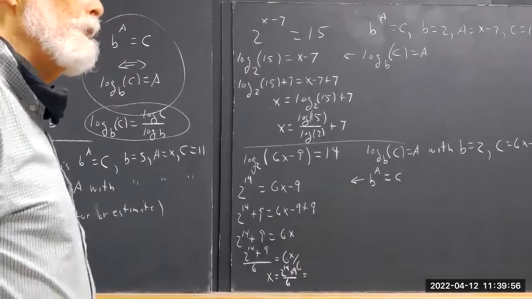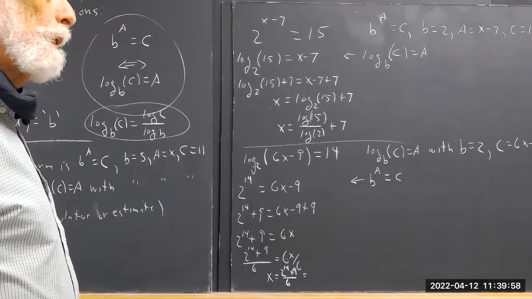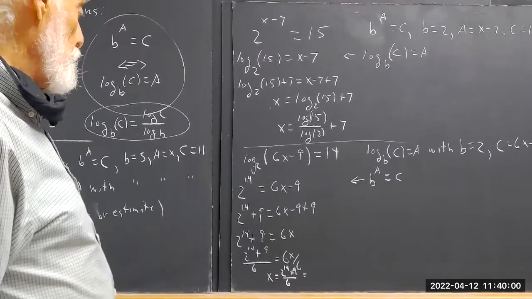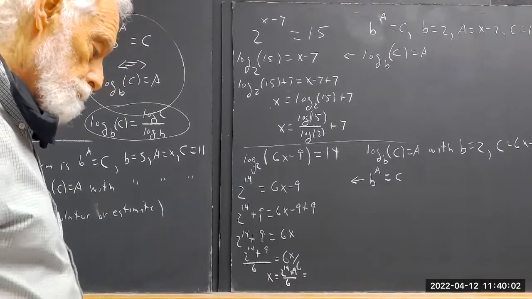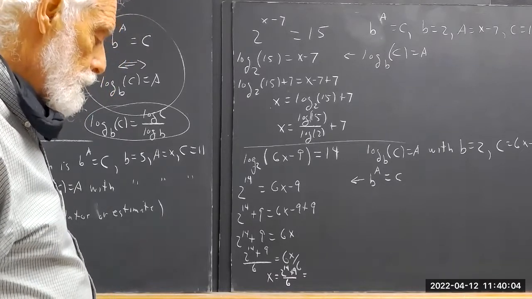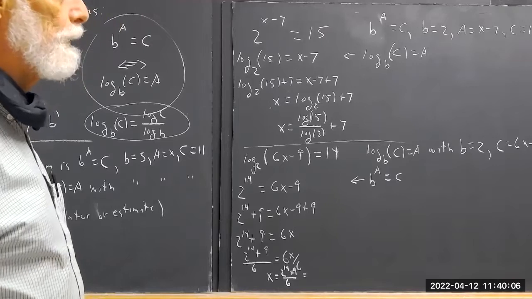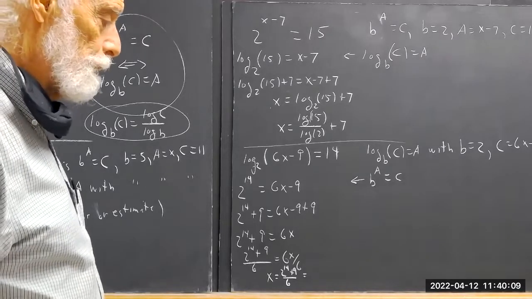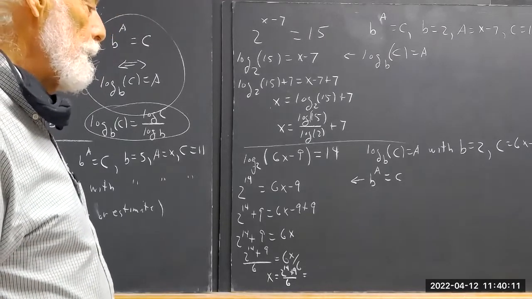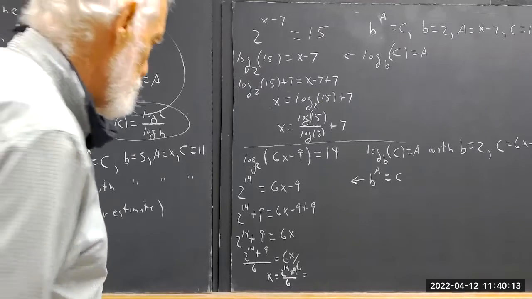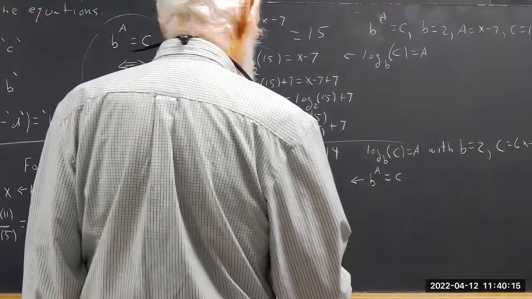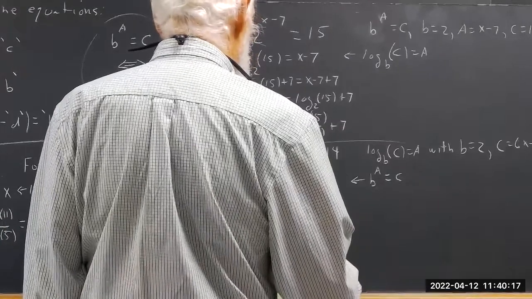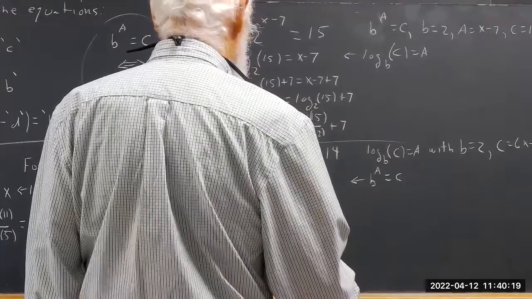Now let's see if I got this right. 1024, 2048, 4096, 8,192. So it's 16,384.